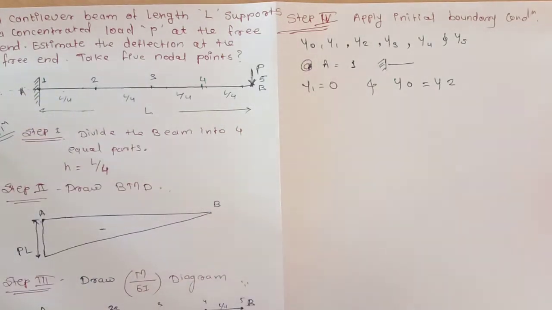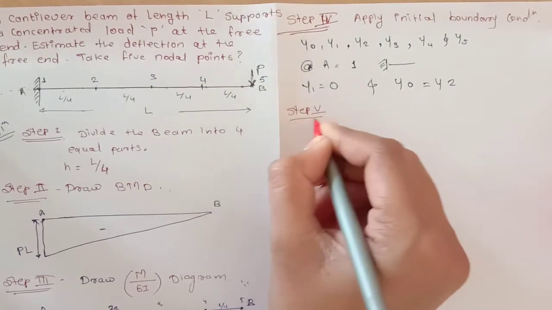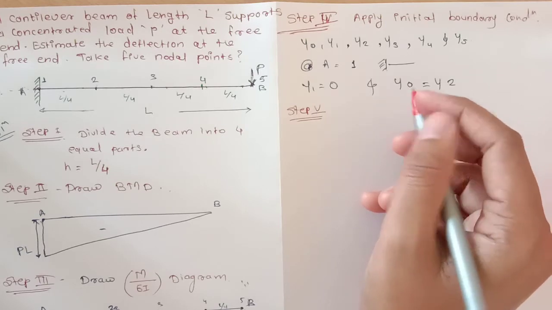Then next, step number 5: apply the central finite difference equation to each node.